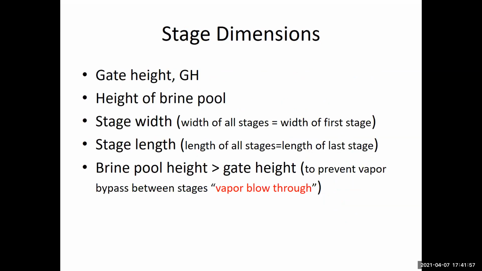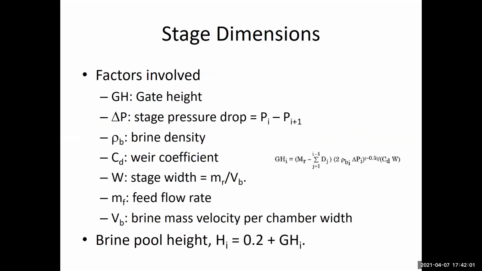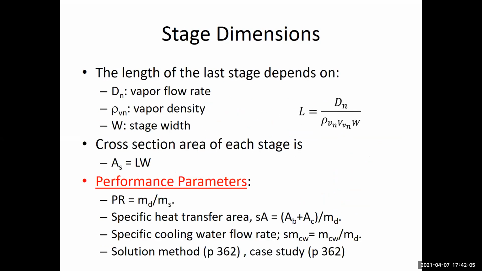Stage dimensions, nothing new. Whatever you have done in the once-through system is going to be applied here. Calculating the gate height, the brine pool height, and the width and length of the stage. So this is typically what we do for the analysis here. So it's just slightly different compared to the once-through system, but the heat recovery section is pretty much the same.